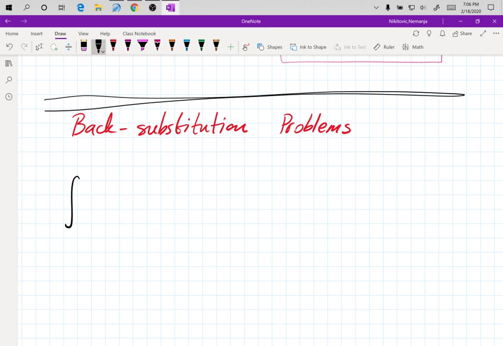So here's the example. You have, let's say, 4x square root of x plus 1 dx. If there was no plus 1, this would be a joke of a problem, because your root x would be just x to the 1/2, and then you just add the exponents together and you're done, right?